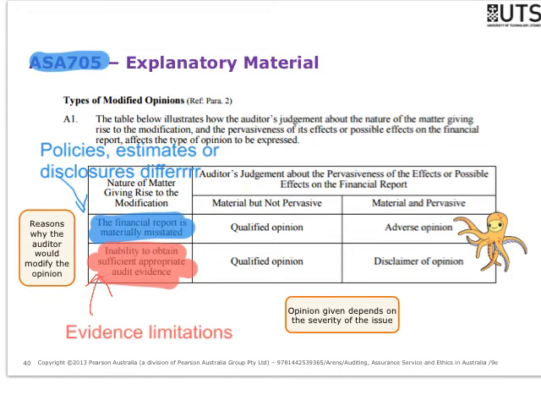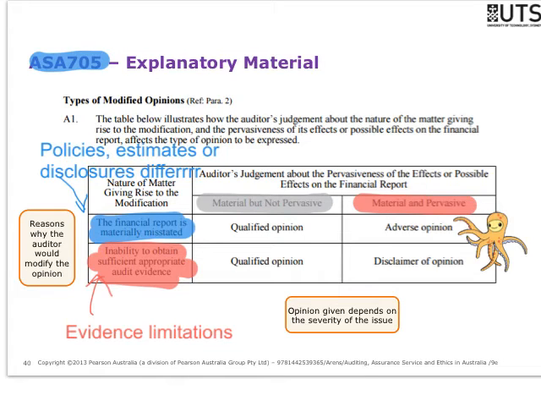Meaning we don't have enough evidence on certain accounts or assertions. Okay, and the opinion we issue depends on the severity of the issue. So there are two types of severity: there is material but not pervasive, and there is material and pervasive.